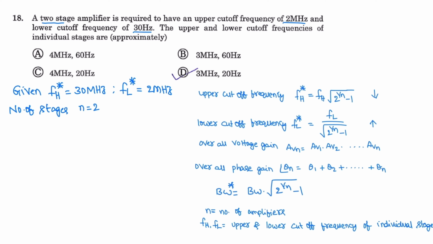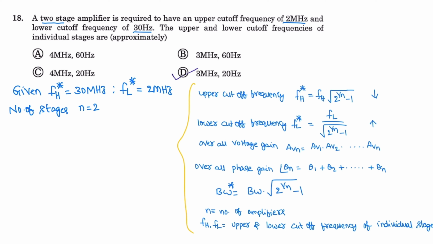The upper cutoff frequency fh star is equal to fh into square root of 2 power 1 by n minus 1, and lower cutoff frequency fl star is equal to fl by square root of 2 power 1 by n minus 1, where fh and fl represent higher and lower cutoff frequency of individual stages. Fh star and fl star represent higher and lower cutoff frequency of the multi-stage amplifier, and the overall gain is the product of individual gains.